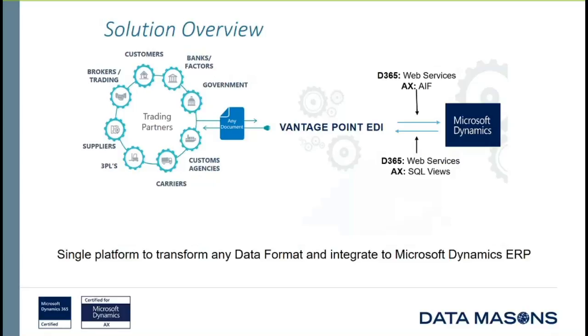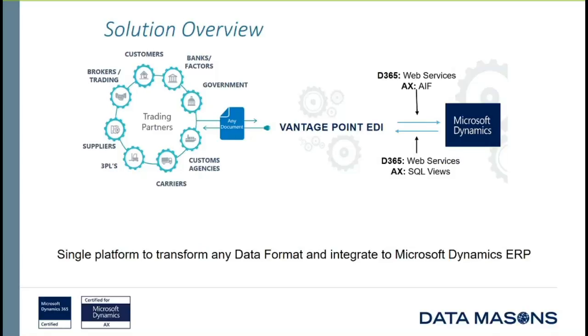All of them support EDI, okay? And we can set up Vantage Point to be able to take documents, whatever format those documents are in. Doesn't just have to be an EDI format. Could be XML, could be CSV, ASCII formatted documents, whatever they want to send back and forth to you.